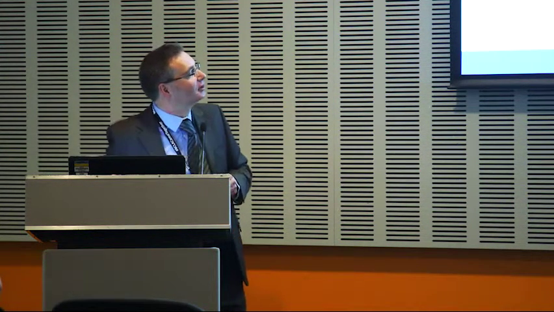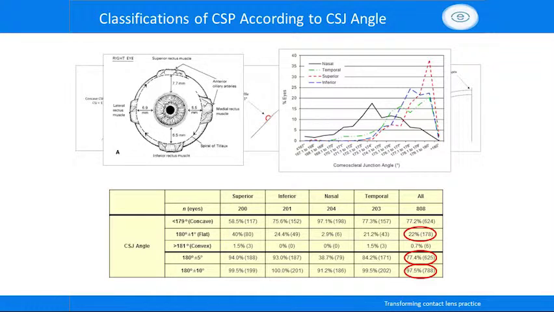This all ties in very interestingly with some of Pat's findings and certainly some of the other findings in other studies. If you also look at the distribution of these angles, you tend to find, in the red dot to the right, the superior has the greatest distribution. So the greatest distribution of angles that are flat is in the superior meridian.